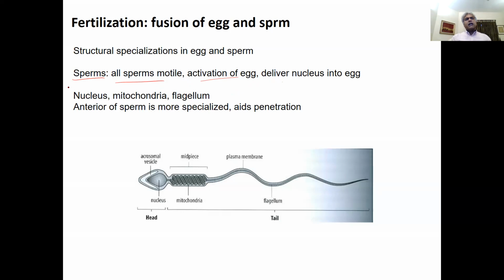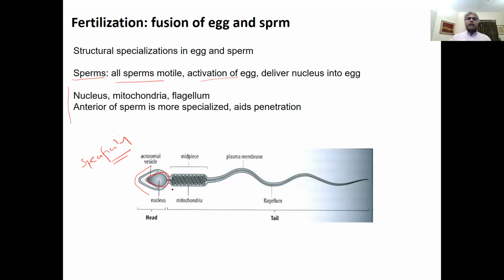The sperm cell has a nucleus, which is shown here. You have the acrosomal vesicle. We are soon going to see what is the function of this acrosomal vesicle. This is something very specialized which provides selectivity or specificity for species, so that a human sperm will only fertilize a human oocyte, and mouse sperm will fertilize only a mouse oocyte.